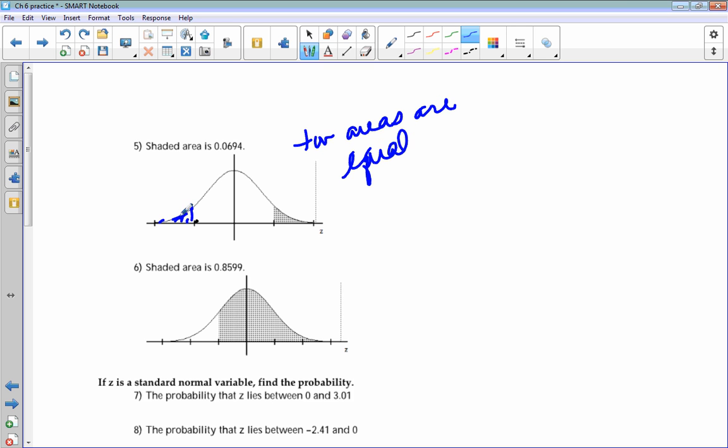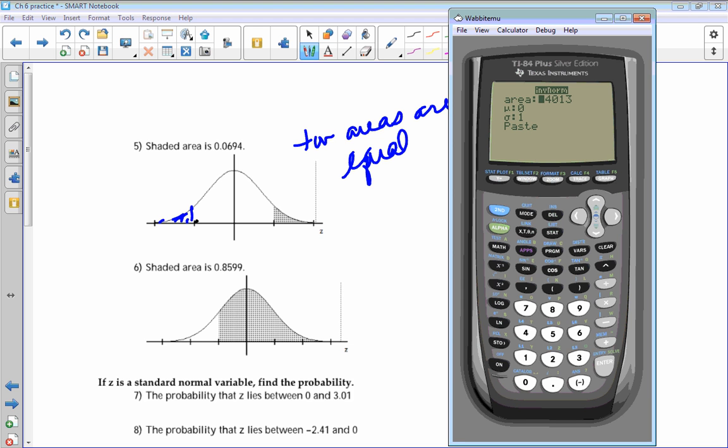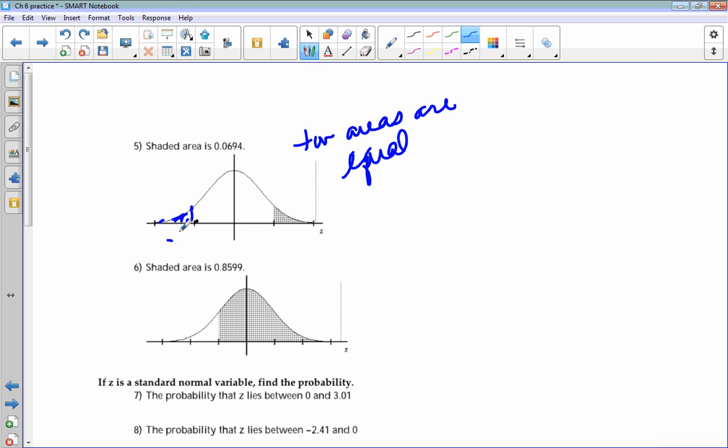So I can enter this into my calculator, and it will just remind me that it's going to come up with a negative, but if I flip it, it's still going to be then a positive. So we're going to put 0.0694, cursor down, and hit enter, and it's going to tell me it's negative 1.48. So this z will be positive 1.48.